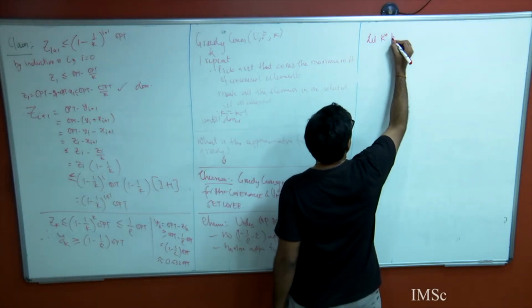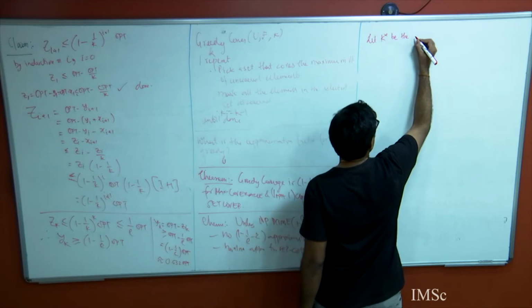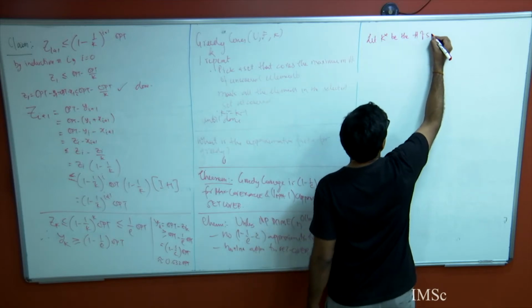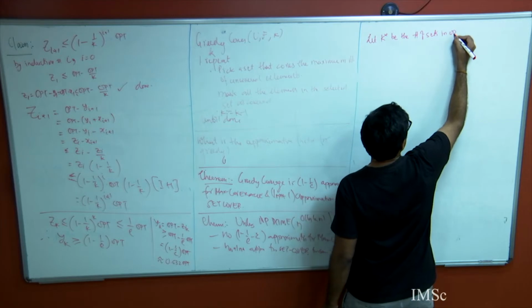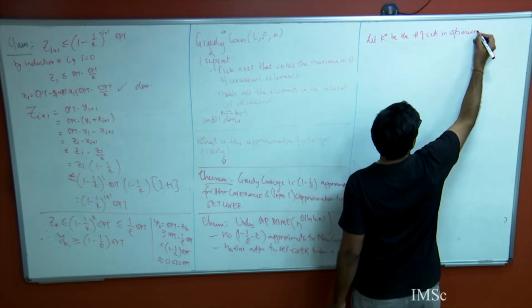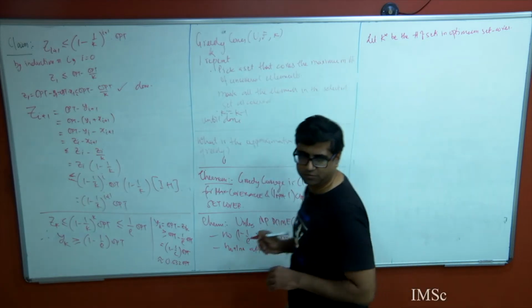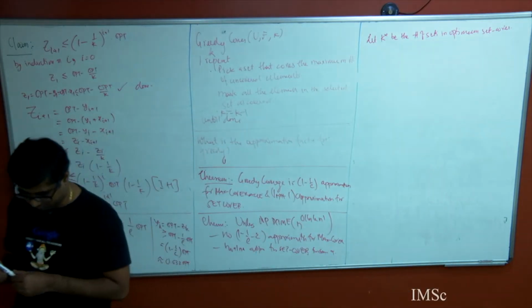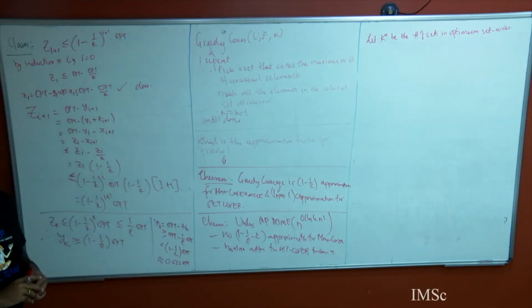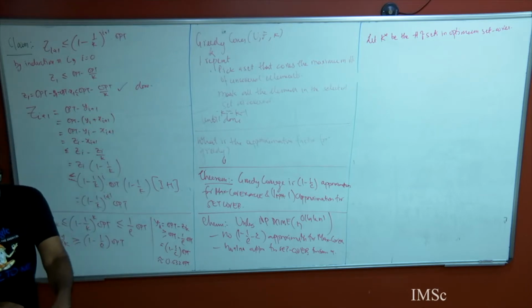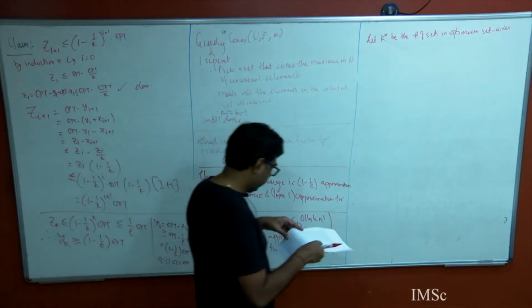Let K star be the number of sets in the optimum set cover. And I'm doing the cardinality version for now, it doesn't matter. Right? So what does it mean?